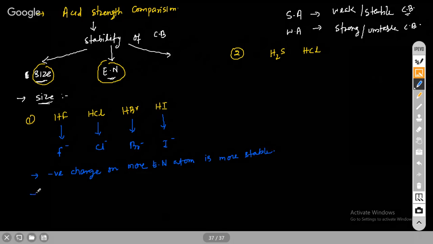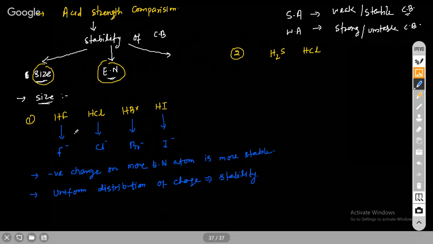And the second one is what? Uniform distribution of charge, whatever charge it is, positive or negative, leads towards stability. The more uniform the distribution, the more will be the stability, right?